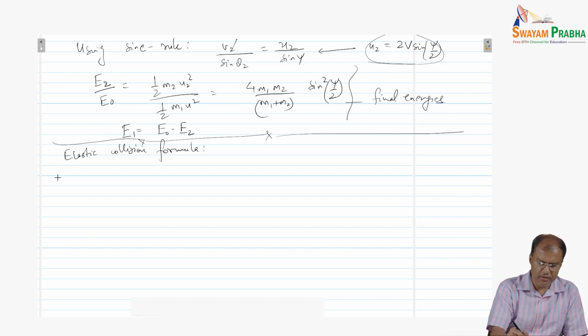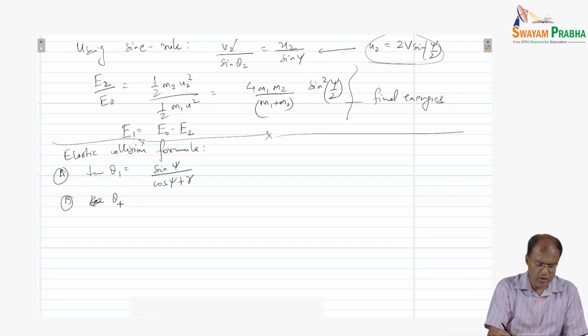So what we have is tan theta 1 is sine psi by cos psi plus gamma, and tan theta 2 is half pi minus psi, right? So these are my scattering and recoil angles, where gamma is m1 by m2.